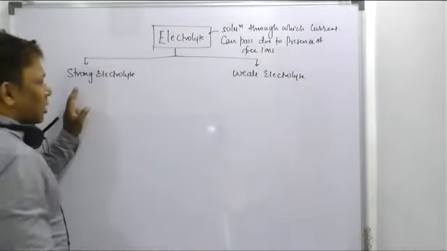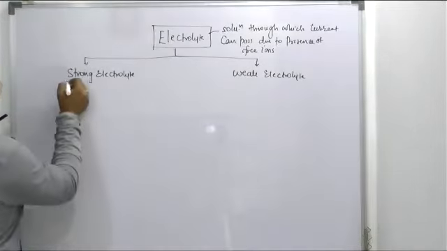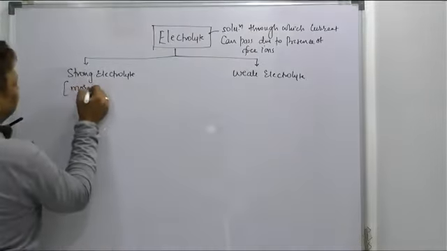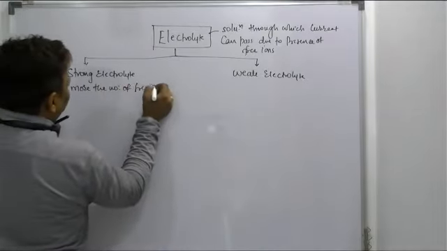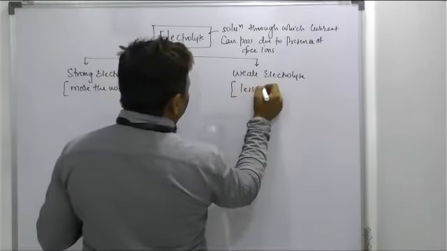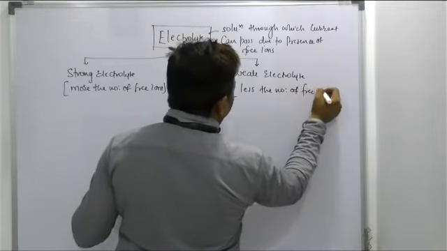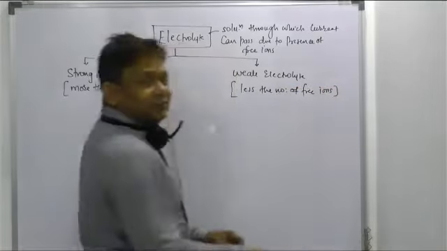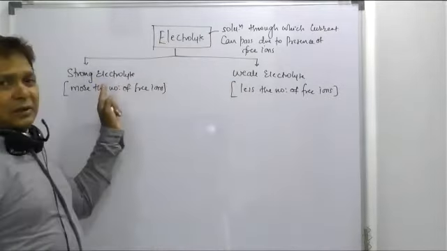But strong and weak depends on this: sir, more the number of free ions, strong electrolyte. Less the number of free ions, it is a weak electrolyte. Less the current, weak; more current passes, strong.